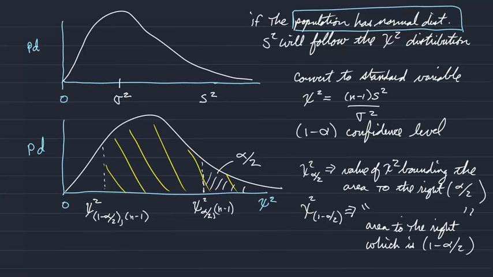We're going to use those critical values to define our confidence interval on sigma squared.